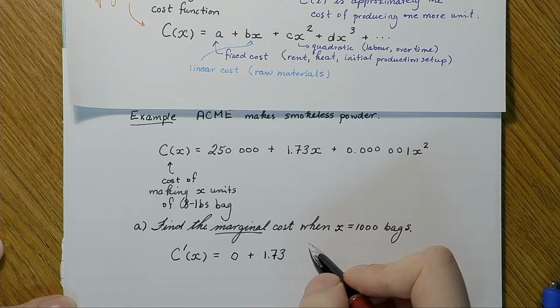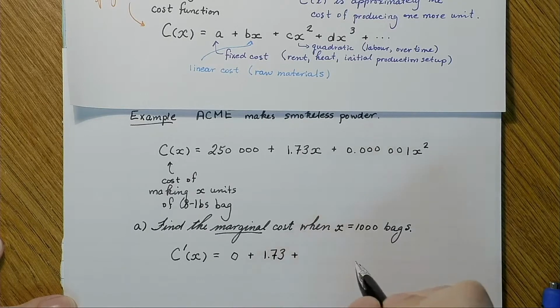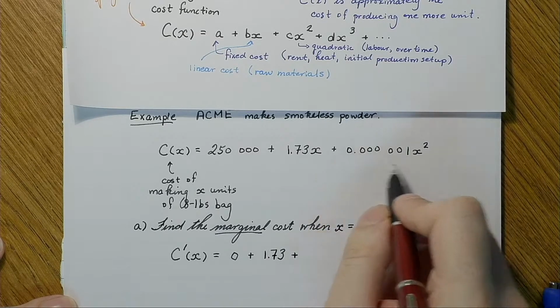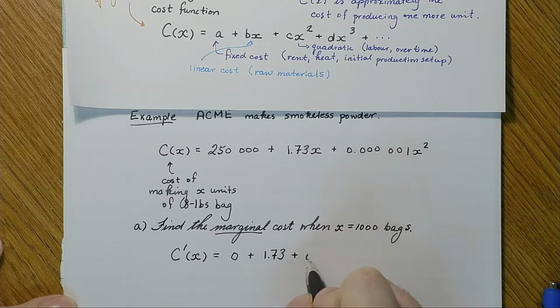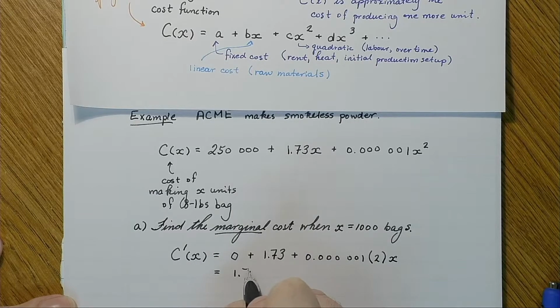And then plus, I bring the 2 down in front. So that's 0.000001 times 2x. So just simplifying that.